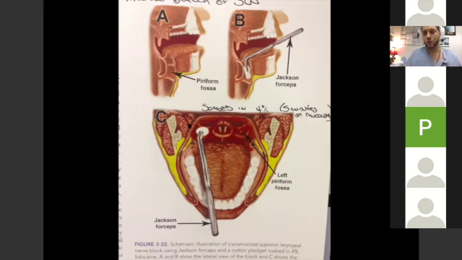One way is to put a pledget on a Jackson forceps soaked in 4% and reach down there. I don't do this. Another way is to put some 4% lidocaine in a 10 cc syringe, put a 20 gauge angiocath on the end of the syringe without the needle, grab the tongue and drip it on the posterior third of the tongue.